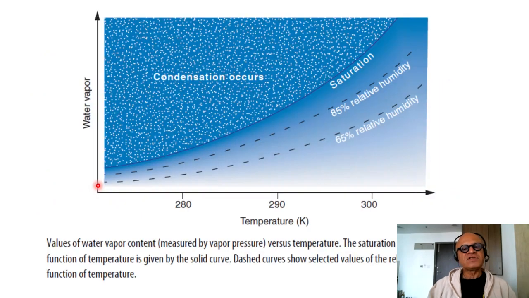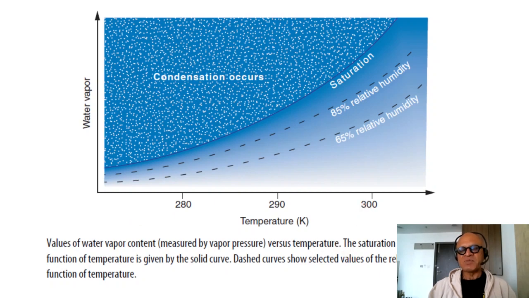So that gives us a full set of equations, and of course we have to remind ourselves that the moisture dynamics is very, very important in the atmosphere, the most nonlinear part of the circulation very often. So here are values of water vapor content measured by vapor pressure versus temperature.